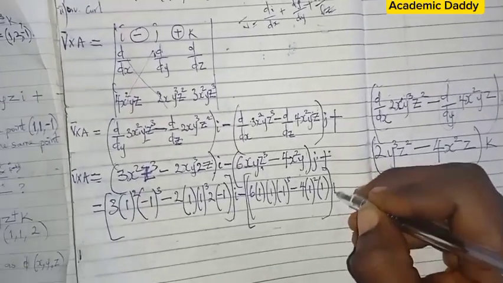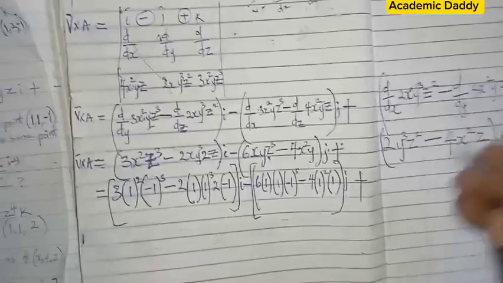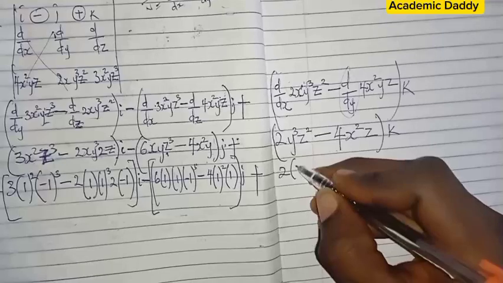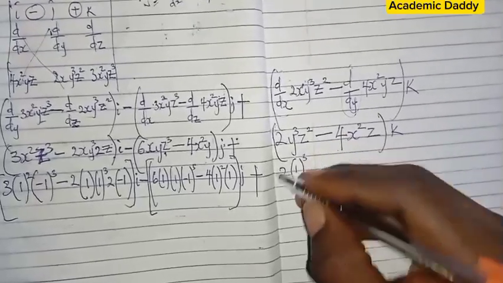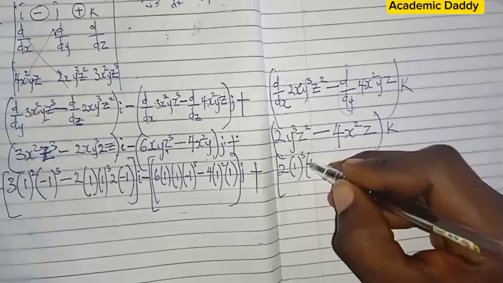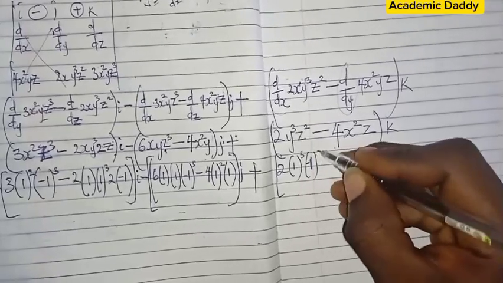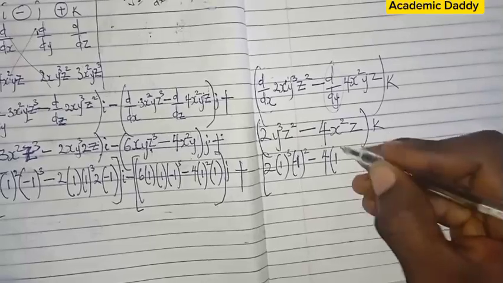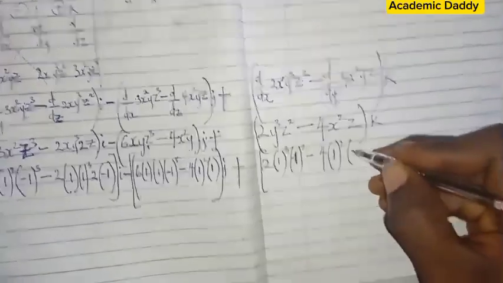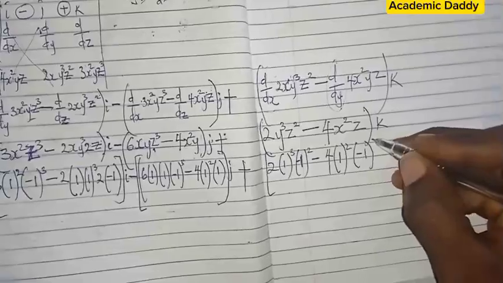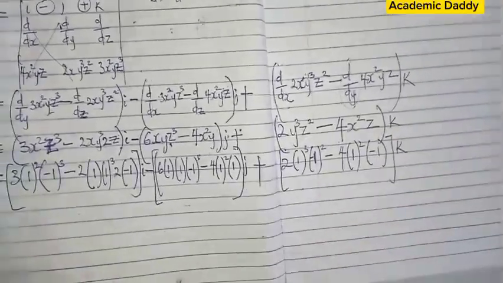So j. Then plus 2 into 1, that's about 3. z is minus 1 squared, minus 4, x is 1 squared, z is minus 1. Okay.